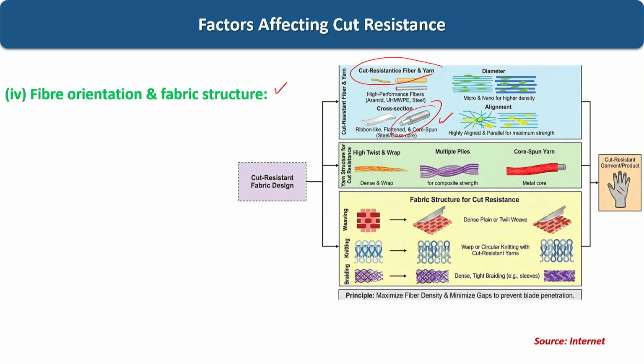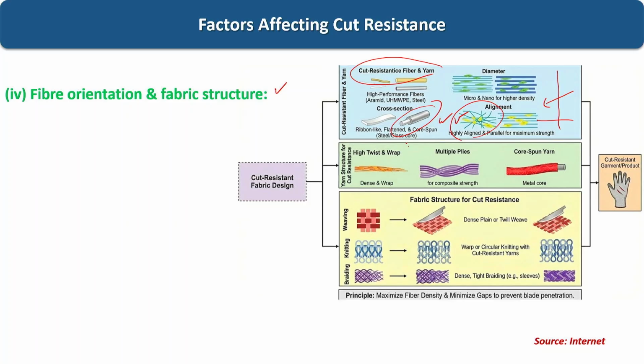So, stainless steel or glass core we can use, and different types of alignment depending on our requirement, either parallel alignment or random alignment. So, all these factors in the yarn will affect the cut resistant property.